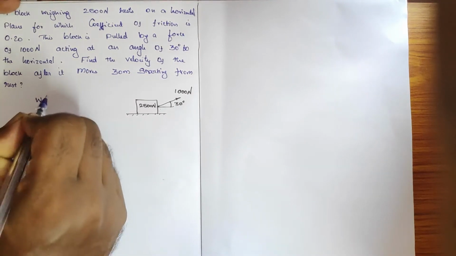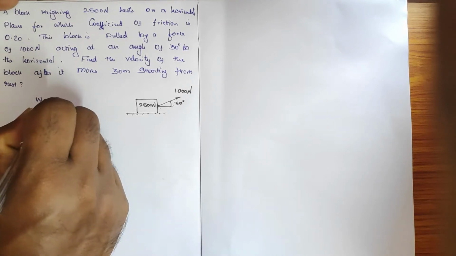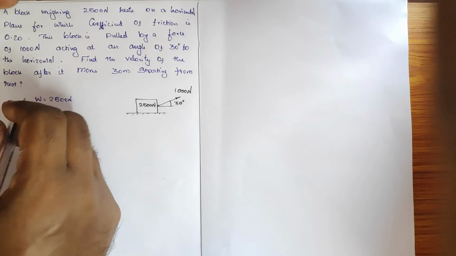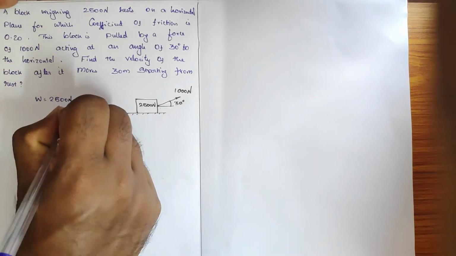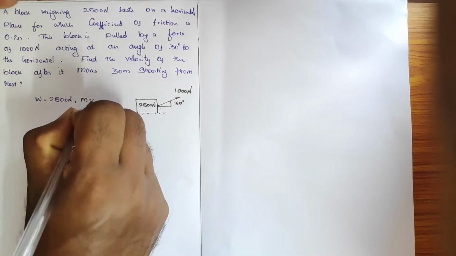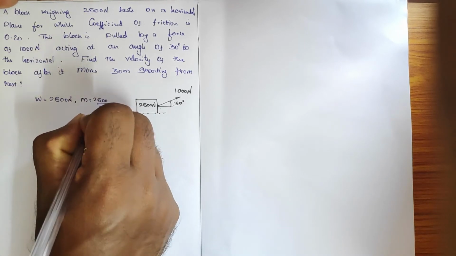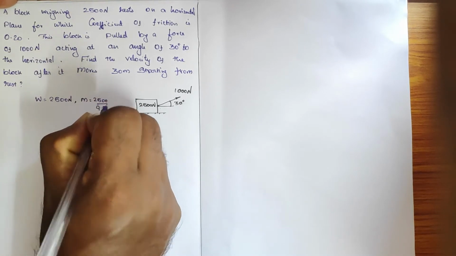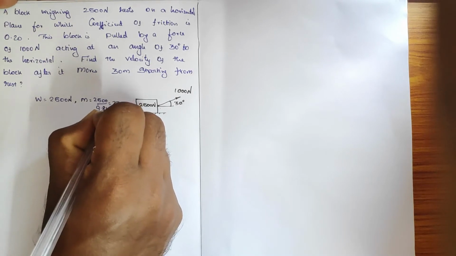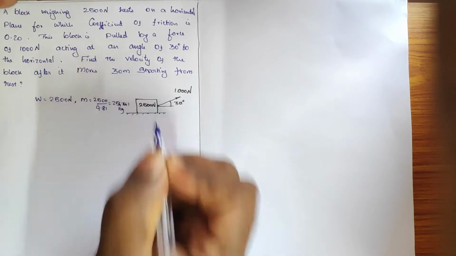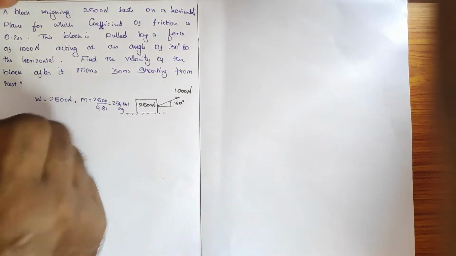So the weight of the object is 2500 Newton, right? And then mass is nothing but weight divided by 9.81. So here we get 254.841 kg. Right.